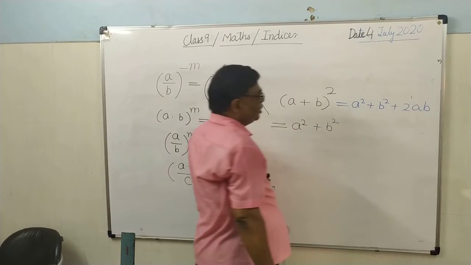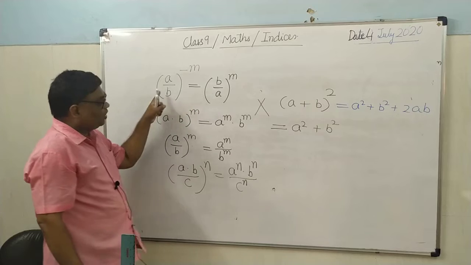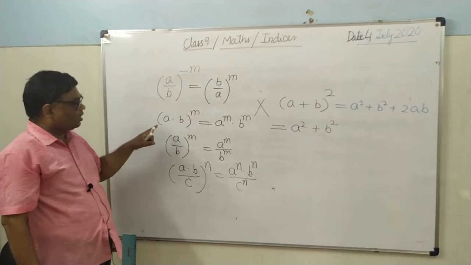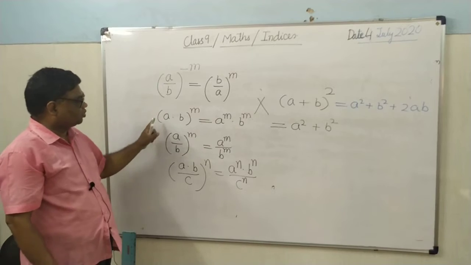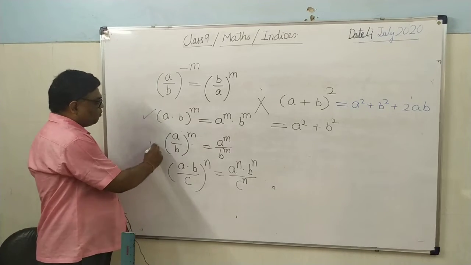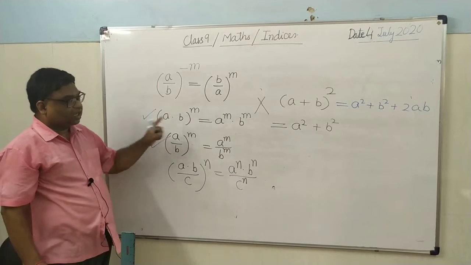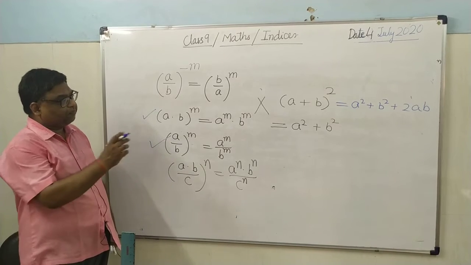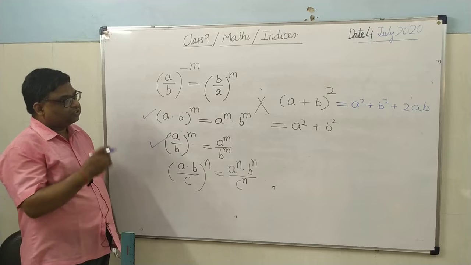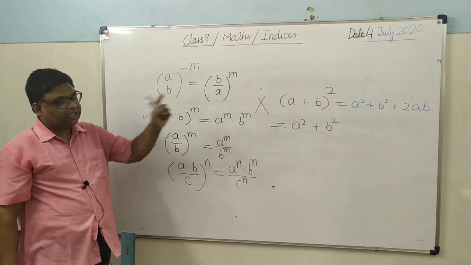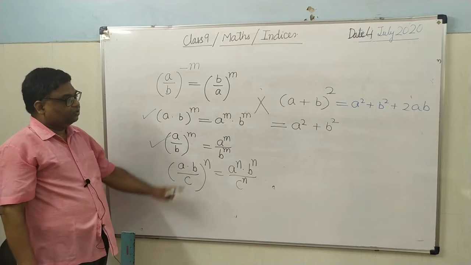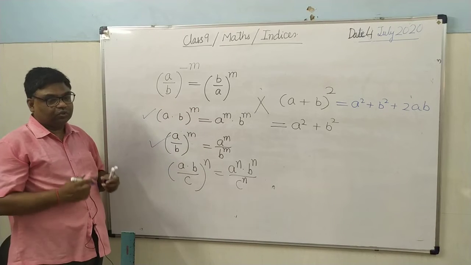Is it clear? So this rule will apply only when the terms are either in division or in multiplication. If there is a plus of the terms or a minus of the terms and then there is some power, then we will not use this formula.